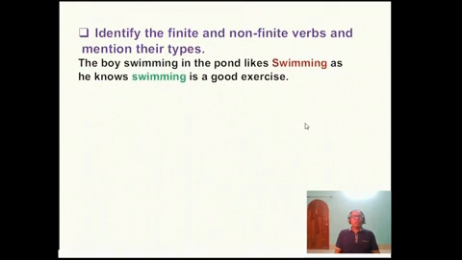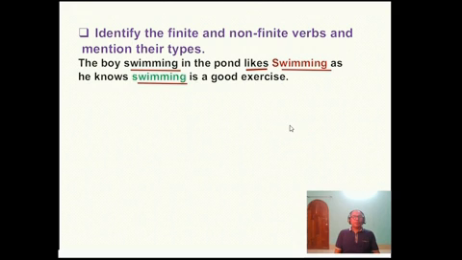The same thing you will do in this sentence. Here you find four verbs. Swimming, likes, again swimming, again swimming. The boy swimming in the pond likes swimming as he knows swimming is a good exercise. It's a complex sentence.